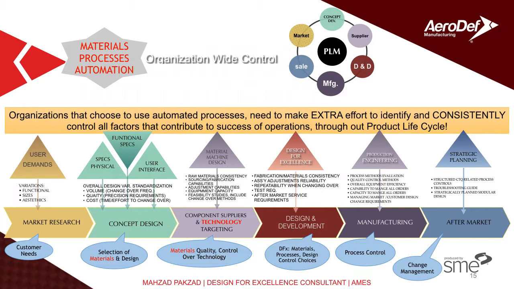As I said at the beginning, organizations that choose to use automated processes need to make extra effort to identify and consistently control all factors that contribute to success of operations throughout the product life cycle.